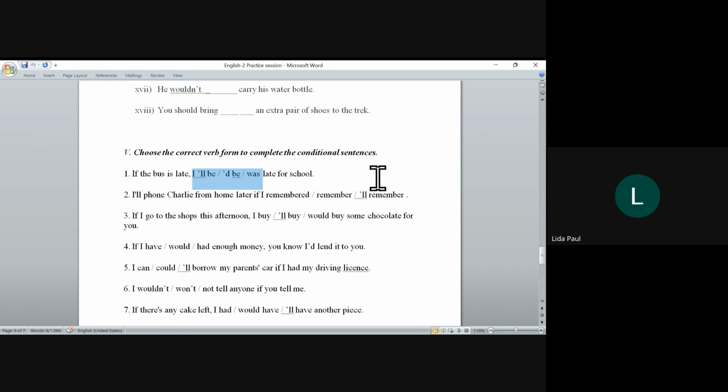And the condition is in which tense? Simple past tense, right? So I could borrow my parents' car if I had my driving license, right?